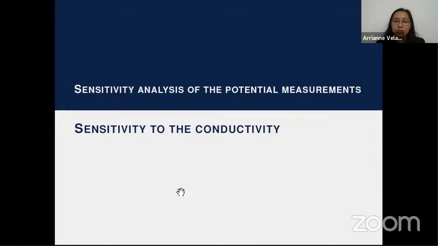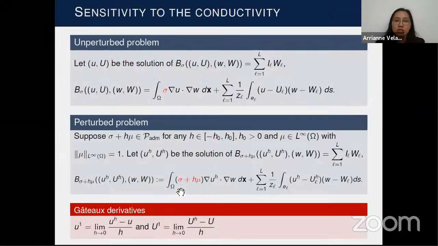So, sensitivity with respect to the conductivity: consider the unperturbed and perturbed variational problems. Here, we let the solution to the original problem be the pair small u, big U, and B sigma here is equivalent to the bilinear form we defined earlier.